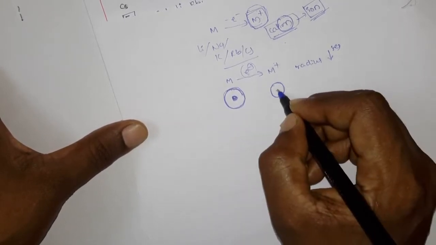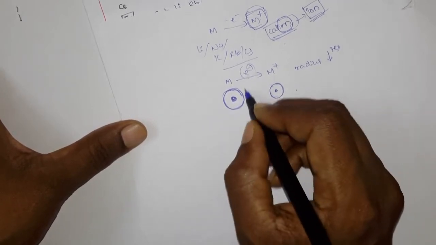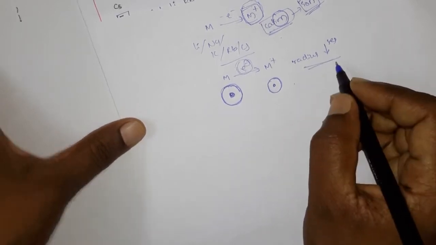So when it loses the electron, the radius decreases.